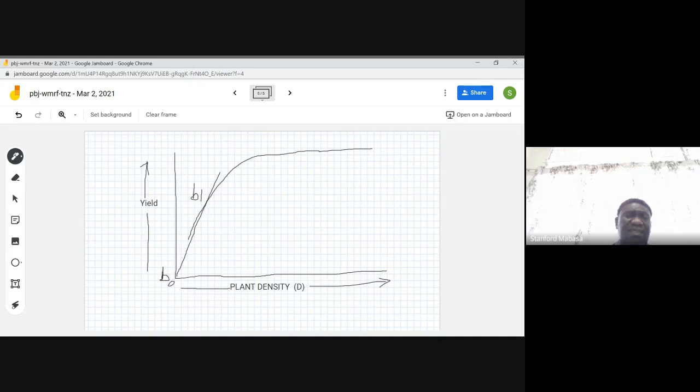But it's starting at 0, so our B is 0. And we've got density here, which is D. So we can describe this graph by an equation which is like this.